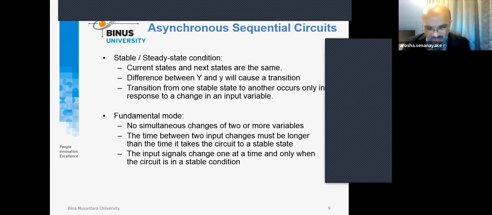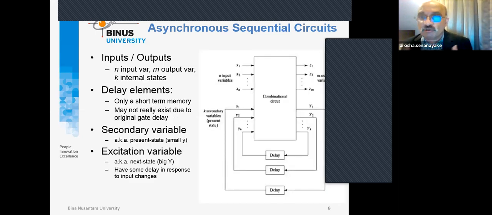For example, let's assume the delay in this circuit, from capital Y to simple Y, is 1 microsecond. But to change any input variable, we most probably need only half a microsecond.